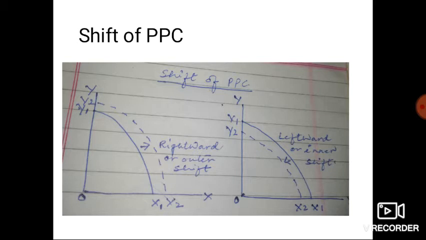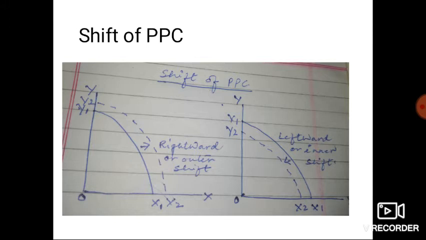Now it's clearly mentioned that there are two reasons for the rightward shift: number one, growth of resources, and number two, use of advanced technique. Now in the second graph, you are seeing that the PPC is shifting leftward. Again, there are two reasons for it.